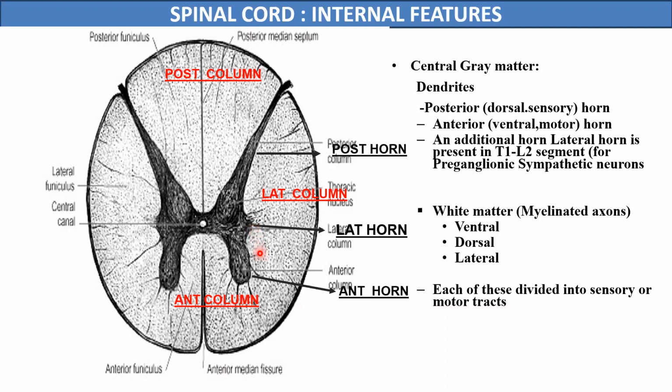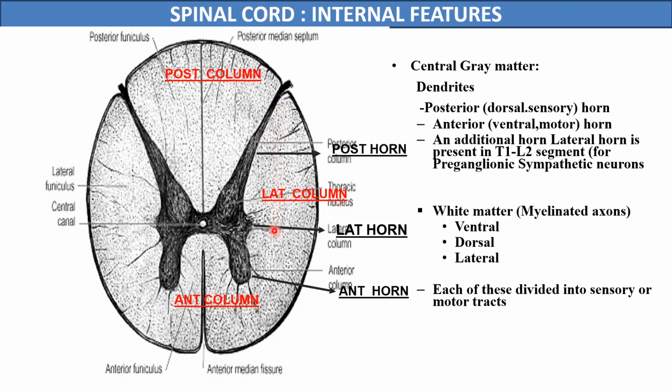The white matter of the spinal cord, which contains the myelinated axons, is further divided into an anterior or ventral column, present between the anterior median fissure and the anterolateral sulcus, a dorsal or posterior column, present between the posterior median septum and the posterolateral sulcus, and a lateral column, present between the anterolateral and the posterolateral sulcus.